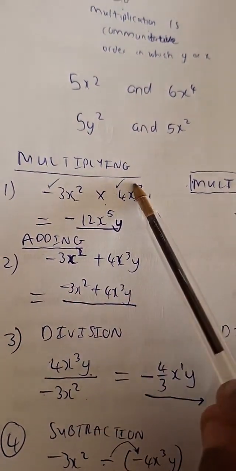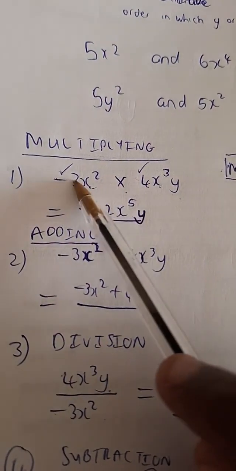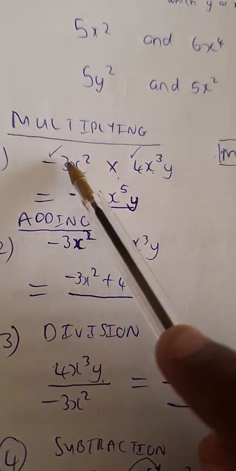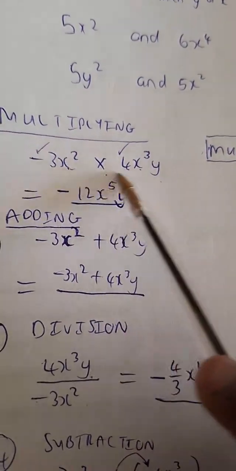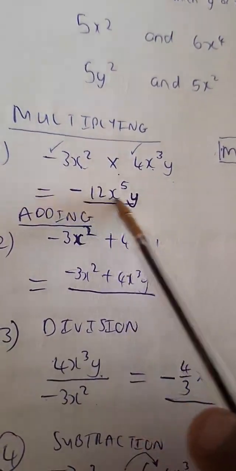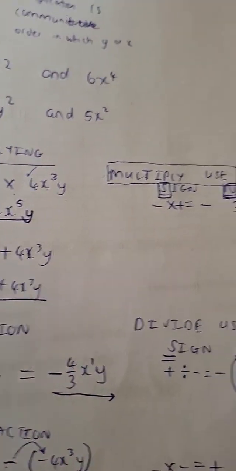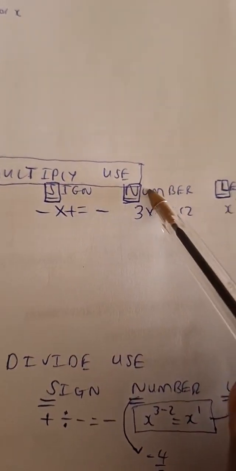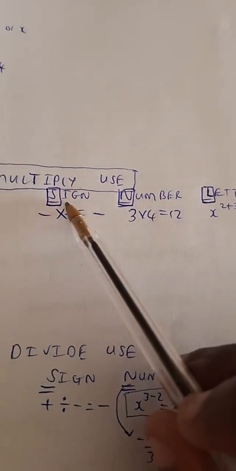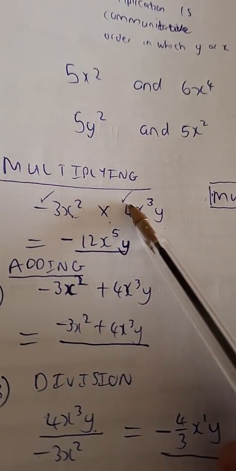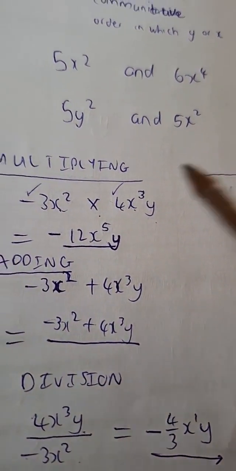The way we left off, we were looking at like and unlike terms, and we looked at this problem, where we are multiplying negative 3x squared by 4x cubed y. Most of you were able to get this answer. What I wanted to emphasize was this idea of SNL, which I always promote in my live sessions, especially when dealing with multiplication of two terms, three terms, call it what you want.